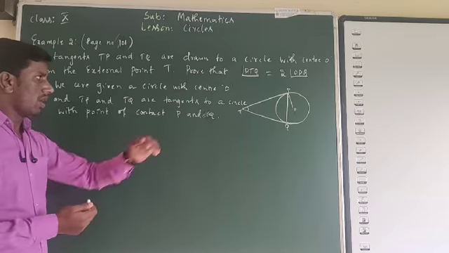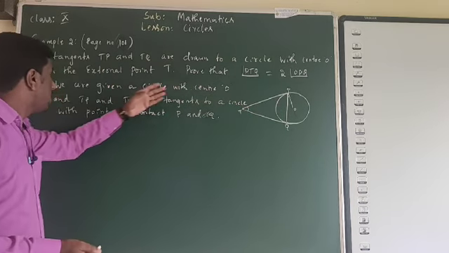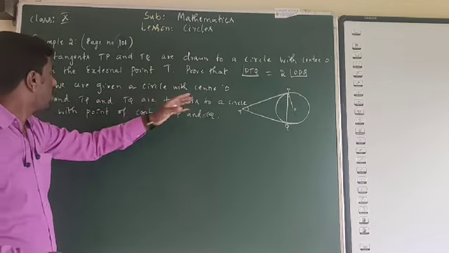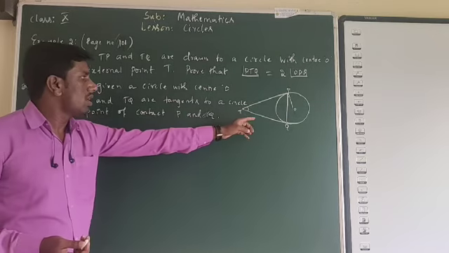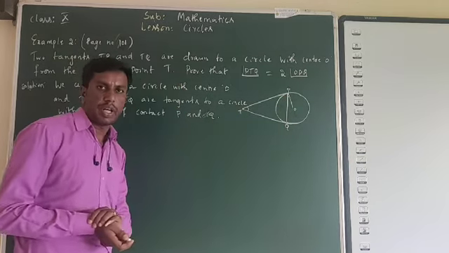Whatever figure I have drawn, I have written the statement for that. We are given a circle with center O, TP and TQ are the tangents to a circle with points of contact P and Q. These two are the points of contact.